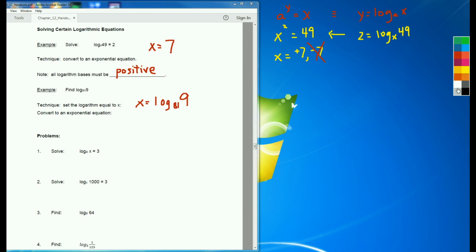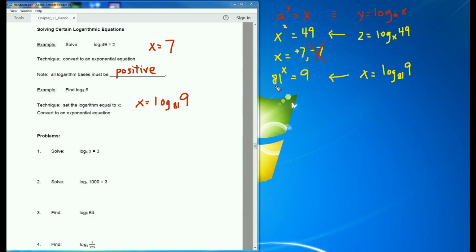All right, let me come back over here. So we've got x equals log base 81 of 9. And we want to convert that to an exponential equation. All right, so the base is 81, so that's going to be the base of my exponent. So in other words, 81 to the x is equal to 9.